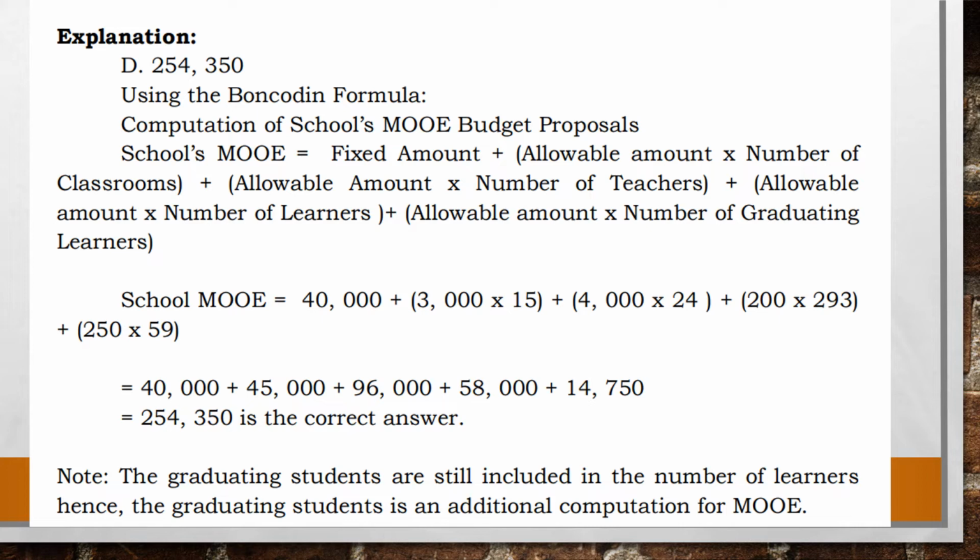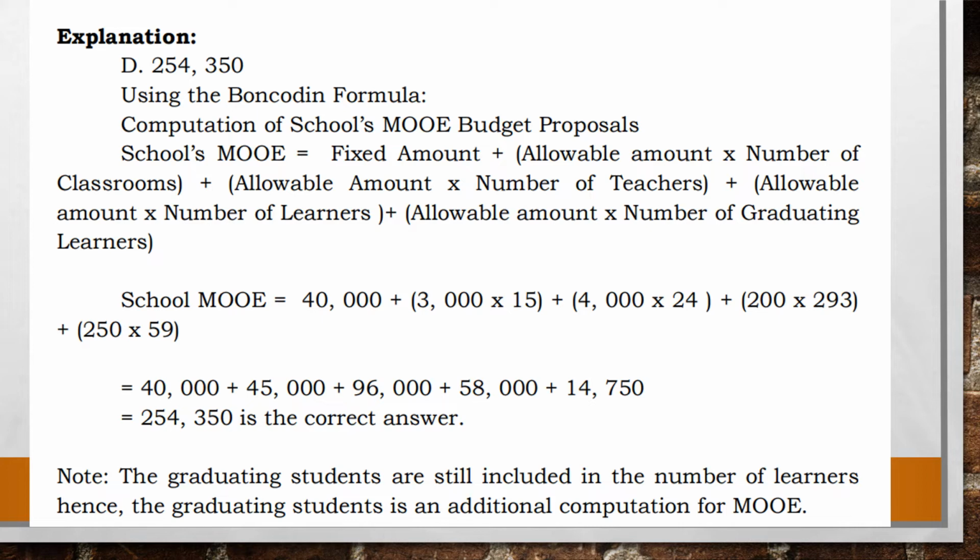So kung per school for elementary, there is 40,000 pesos allocation, and plus there is 3,000 allocation for classrooms each, and since there are 15 classrooms, you have to multiply it by 15 kasi binibigyan ng 3,000 pesos per classroom, so times 15, plus 4,000 pesos per elementary teacher. But technically, there are 24 teachers, so 4,000 times 24.